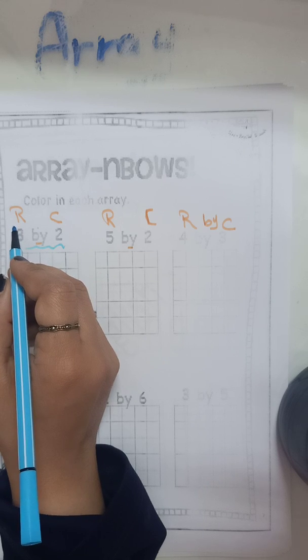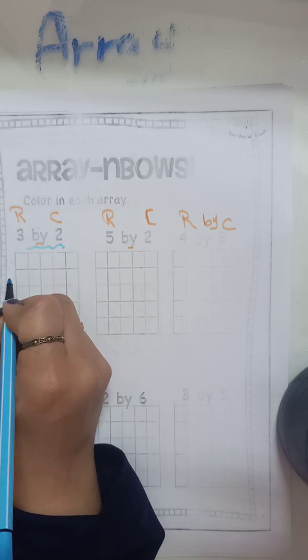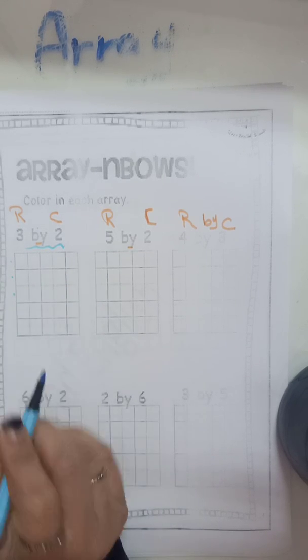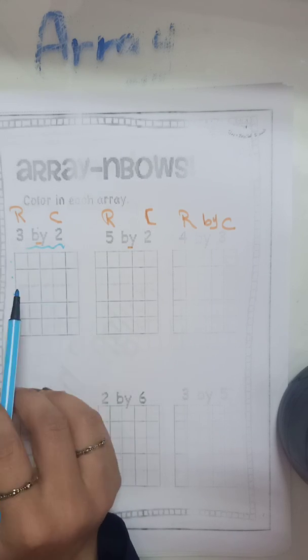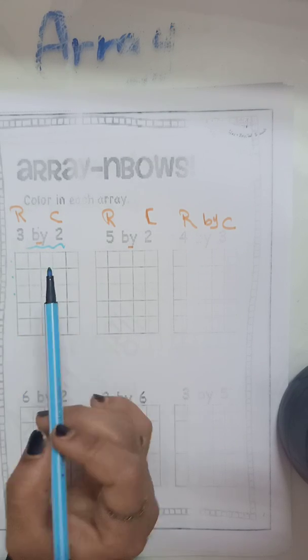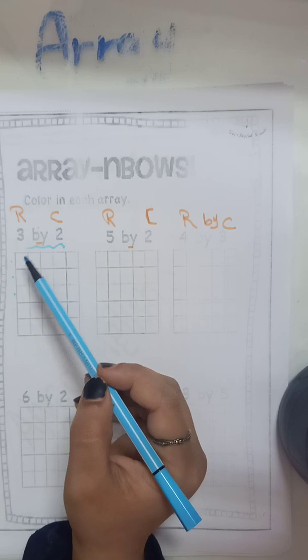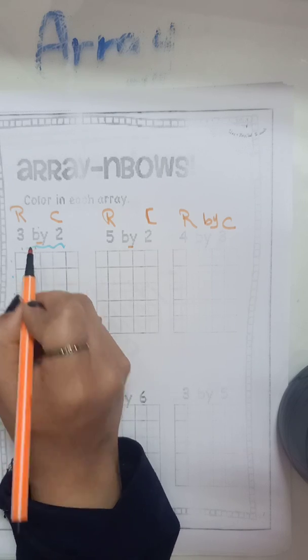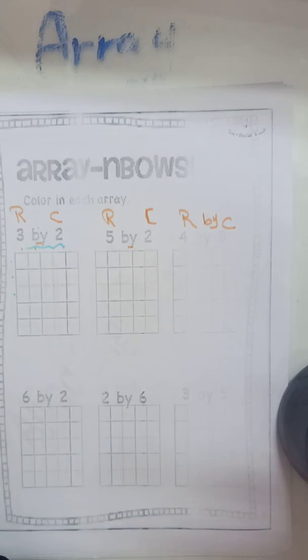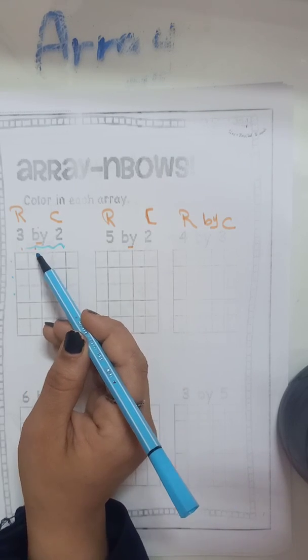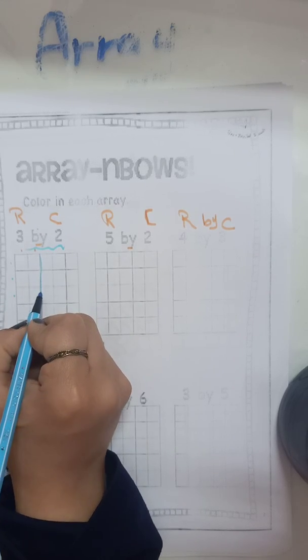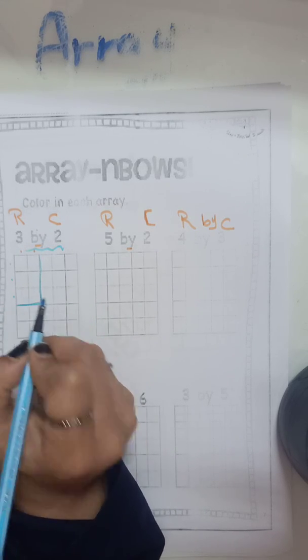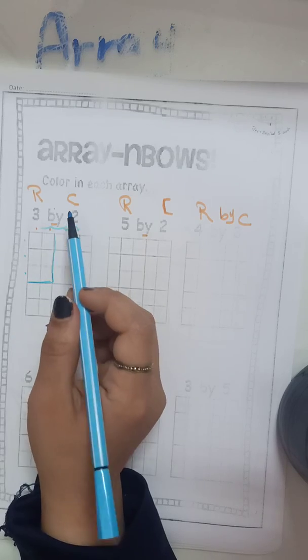So how many rows? 3. Put a point here, point here, point here. So we have 3 rows, but not colored. I don't know how many elements in any row. And how many columns? 1, 2. So we have 3 rows and 2 columns.